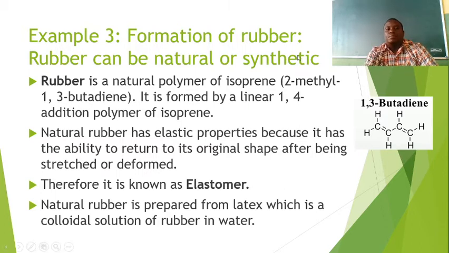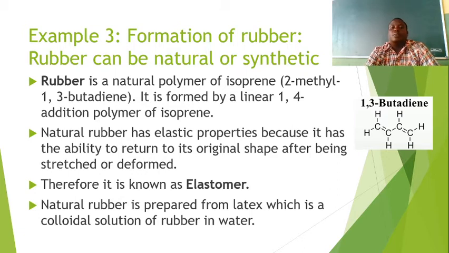When we get methyl here, we get what we call isoprene, which is 2-methyl-1,3-butadiene. It means it comes from butadiene, the reason why I have displayed here the formula of butadiene. So it is formed by linear 1,4 addition polymerization of isoprene. Natural rubber has an elastic property because it has the ability to return to its original shape after being stretched or deformed.